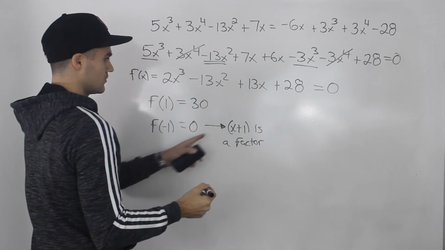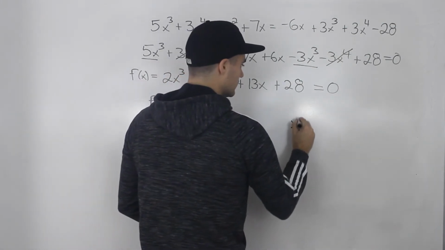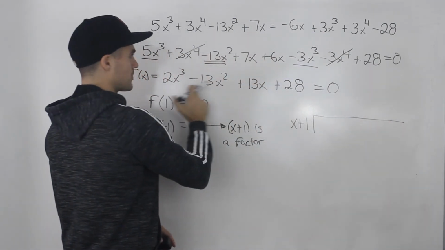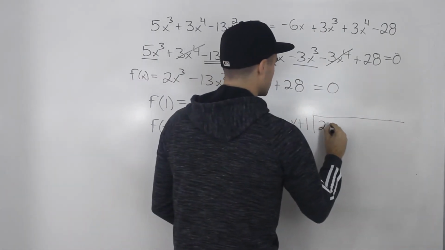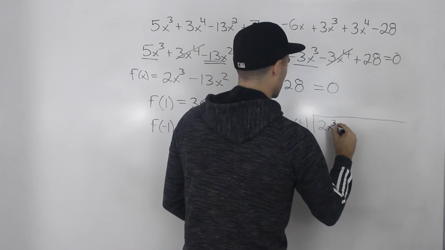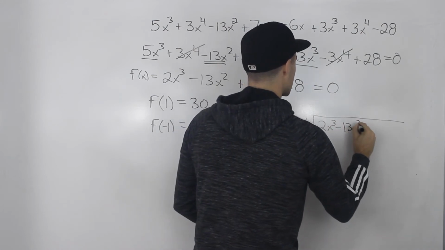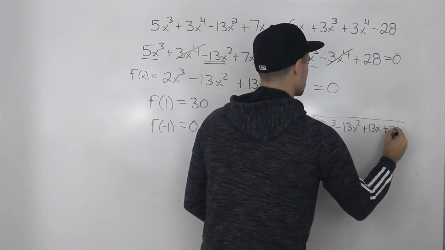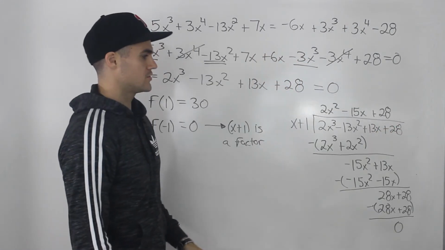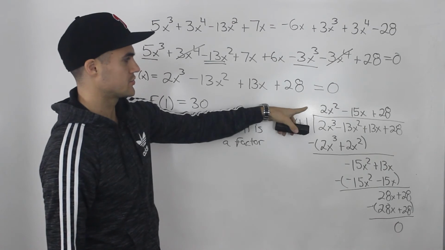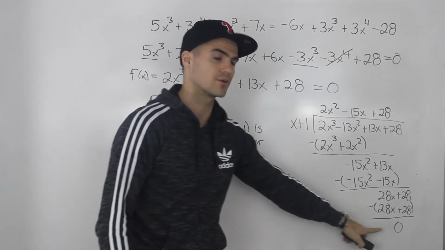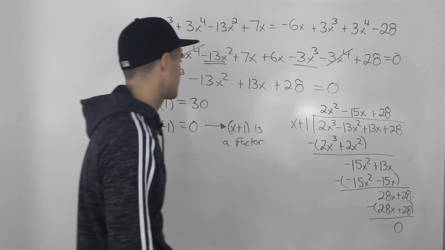So now what we have to do is divide this x plus 1 into this polynomial here, 2x cubed minus 13x squared plus 13x plus 28. And when you do that long division here, you end up getting 2x squared minus 15x plus 28 in the quotient, and you should get a remainder of 0 at the bottom.